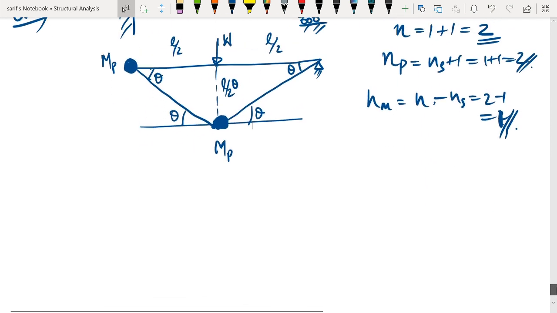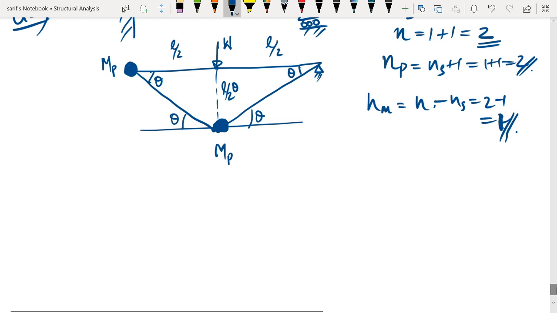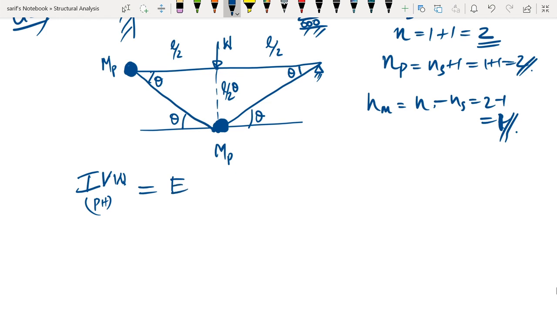Having completed the geometry of the mechanism, now we can proceed to the virtual work equation. The internal virtual work done by the plastic hinges is equal to the external virtual work done by the external loads.